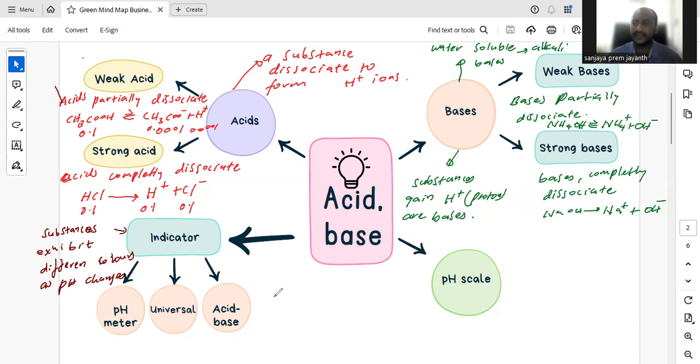They have one color in acidic medium and another color in basic medium. Commonly you need to know about litmus, methyl orange, and thymolphthalein.